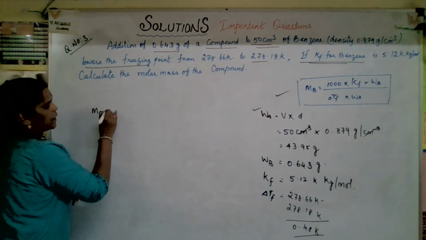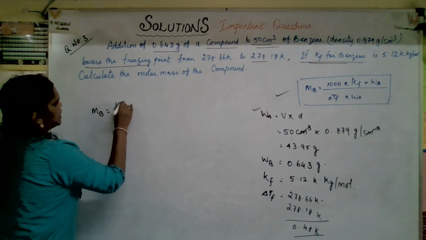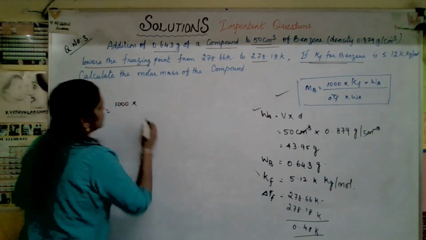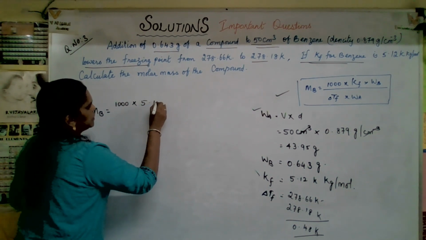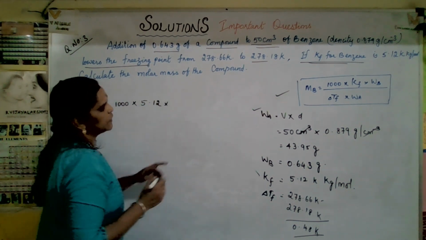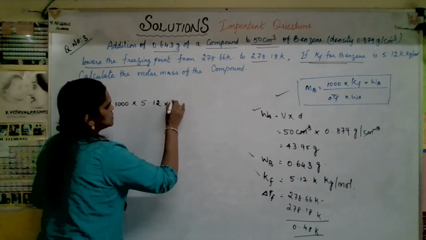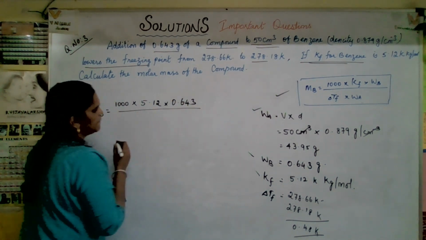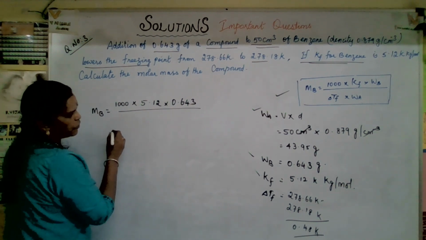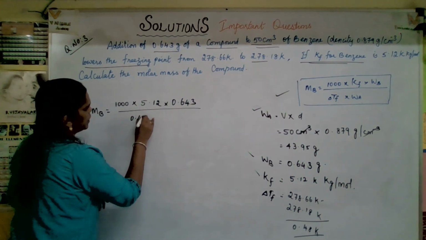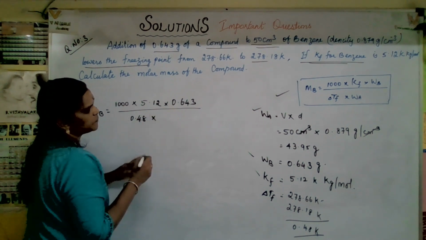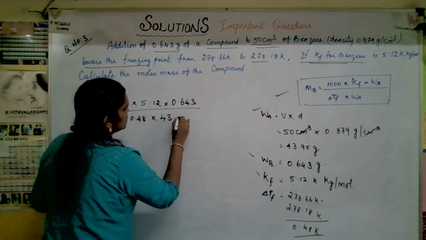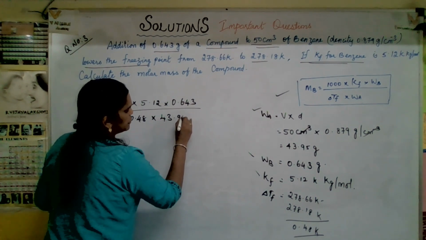Now just apply all the values. MB equal to 1000 into KF, how much? 5.12 into WB, what is it? 0.643 divided by delta TF, how much? 0.48 into WA, it is 43.95.